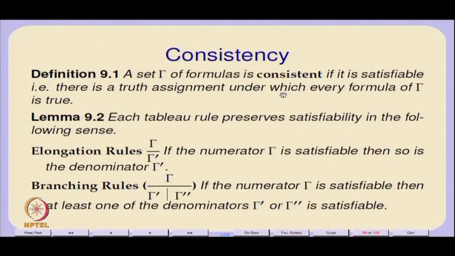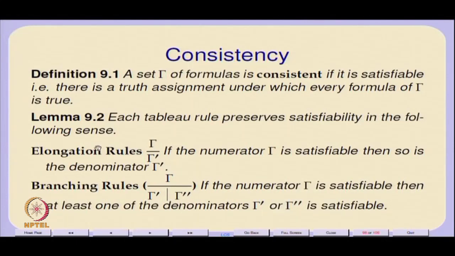That means there is a truth assignment under which every formula of the set is true for the same truth assignment. So, each tableau rule preserves satisfiability in the following sense.